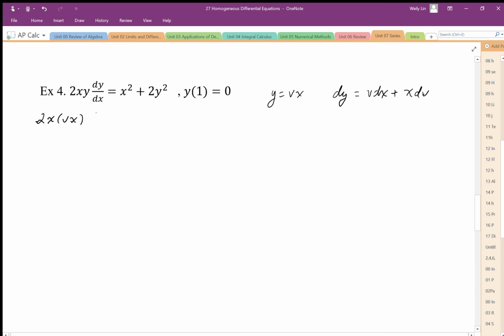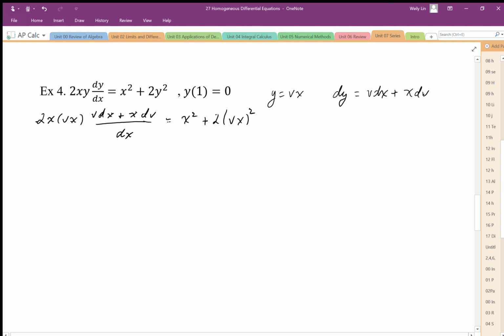Our dy is going to be replaced by v dx plus x dv all over dx. Okay, so then that's equal to x squared plus 2, and this is vx squared like that.